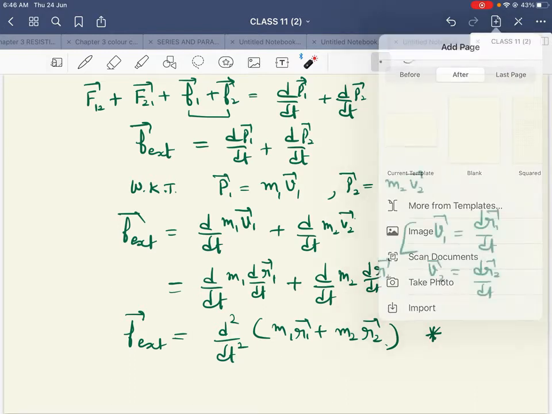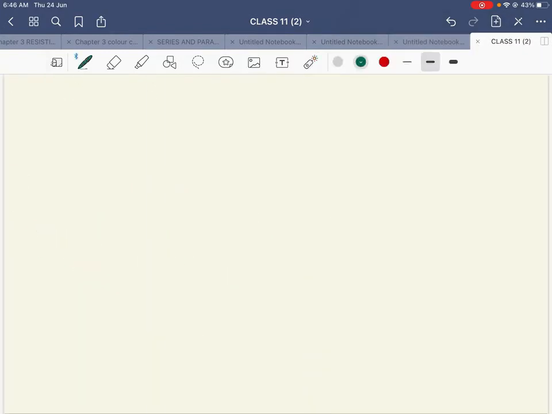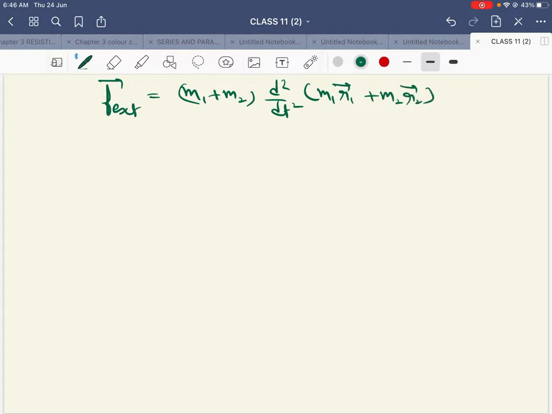So we get by multiplication and division F external is equal to m1 plus m2 into d square upon dt square of m1 r1 vector plus m2 r2 vector whole divided by m1 plus m2, that is total mass. This is equation number 3.